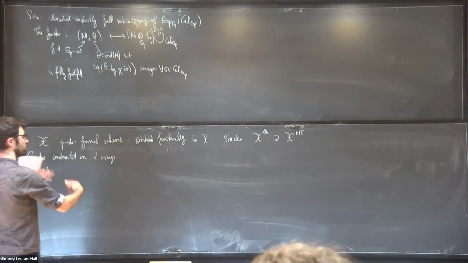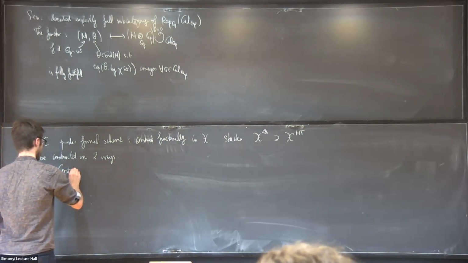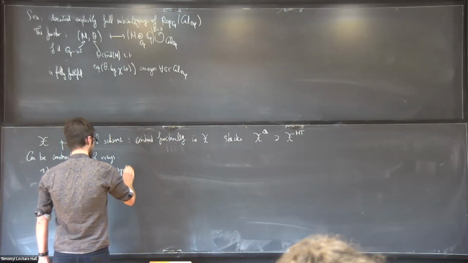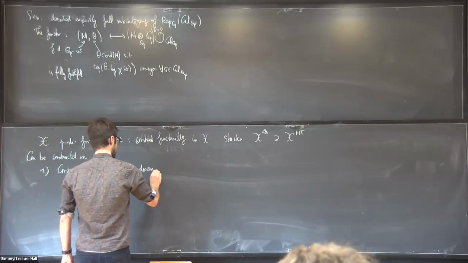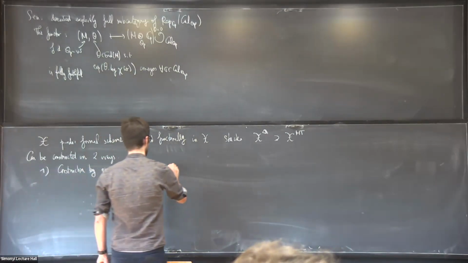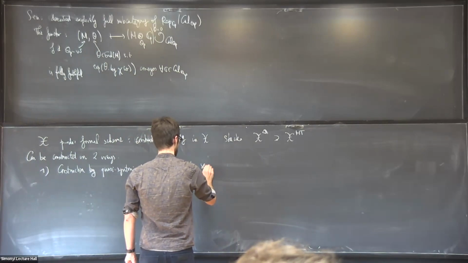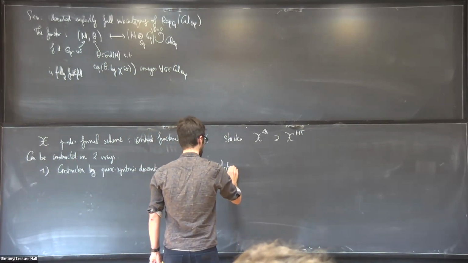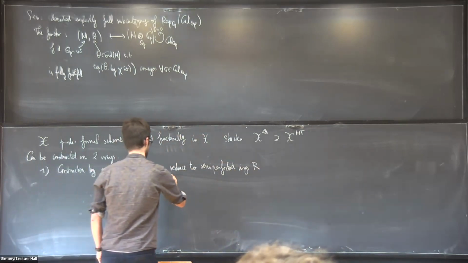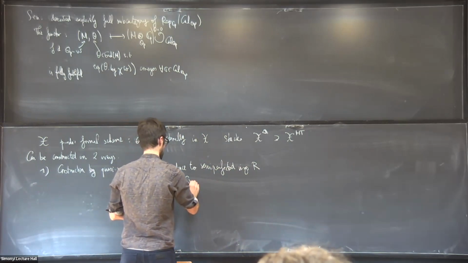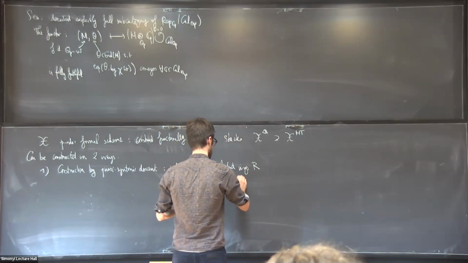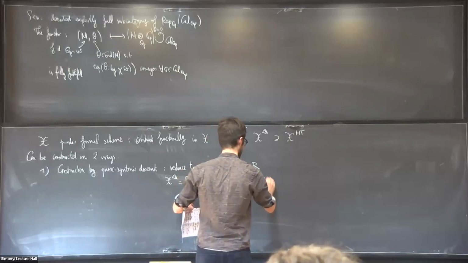So either you define the stack by descent, then you have to prove the necessary descent results, but basically reduced to the case of semiperfectoid rings R, and in this case, the stacks are just given by the formal spectrum of prismatic cohomology of R, or the formal spectrum of the reduced prismatic cohomology.